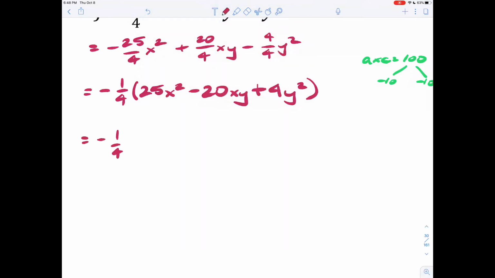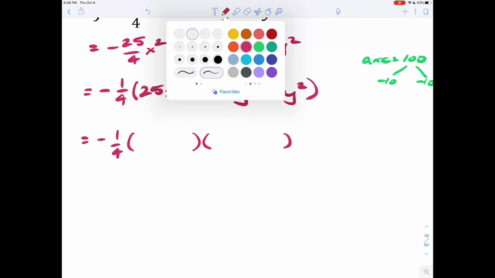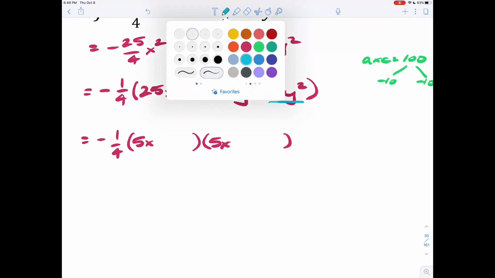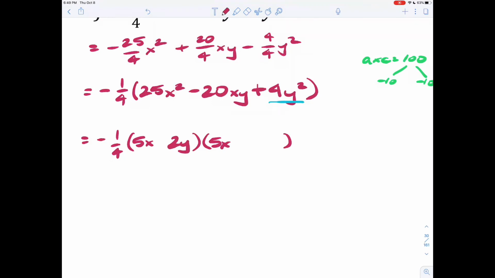And with it being a perfect square trinomial, I can just tell myself that the first terms must have come from this 25x squared. So that would be 5x and 5x. My other terms must have come from this 4y squared. So I'm looking at 2y and 2y.